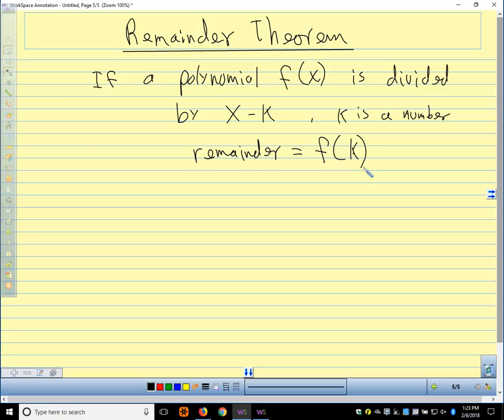So if I plug k into the function and calculate, what I get out is the remainder.